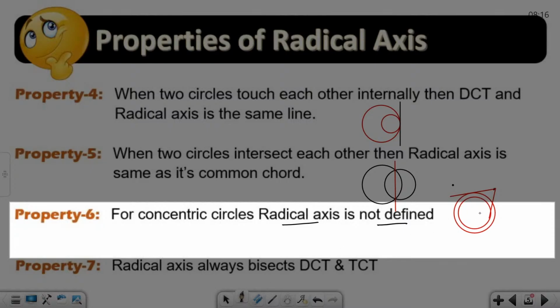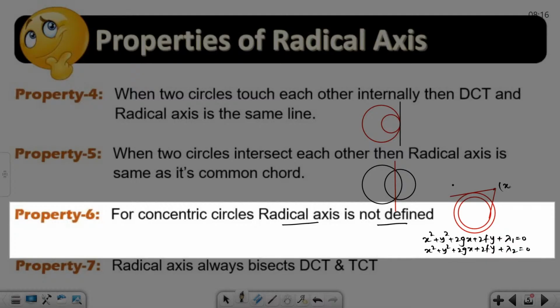Because since these two circles are concentric, their equations will be something like this. Let us say for the first circle it is lambda 1 and for the second circle, which is concentric to the first circle, it is lambda 2. So what will be the length of the tangents for the first circle?